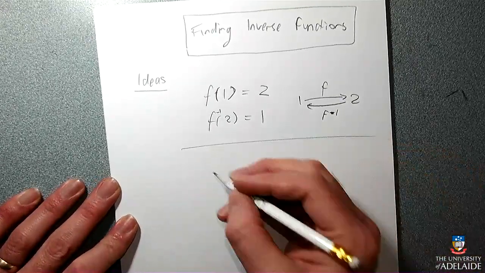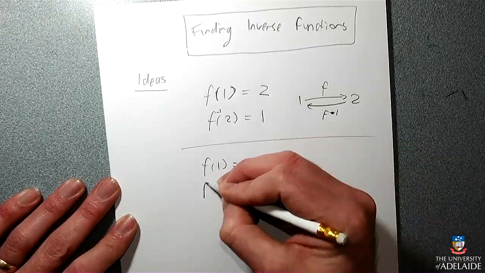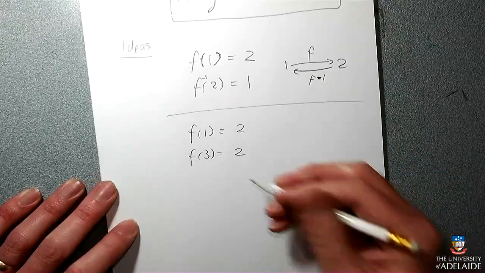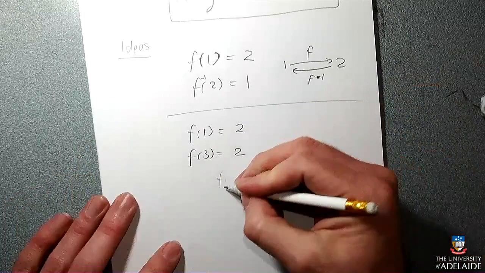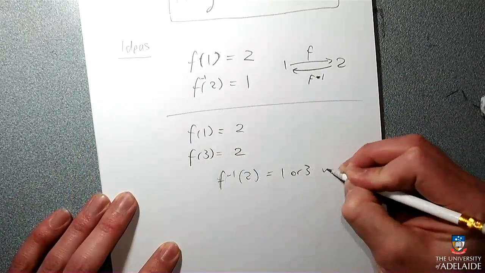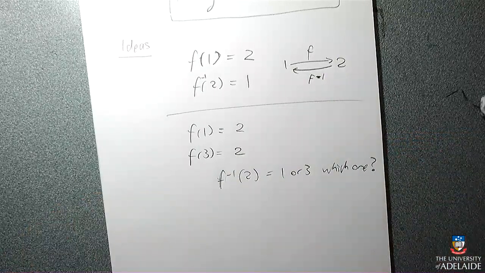So the second idea is that if you have a function where 2 different numbers end up at the same place, then you won't be able to decide what the answers for the inverse function are.